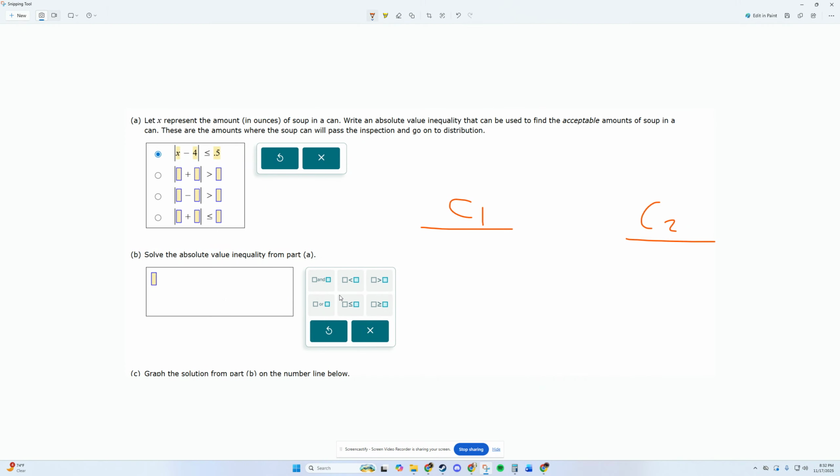It needs to be, fine, I'll just do it. X minus 4 less than 0.5, add 4. So it needs to be less than or equal to 4.5, and it's going to be greater than or equal to 3.5, because that's what a half the other way is.